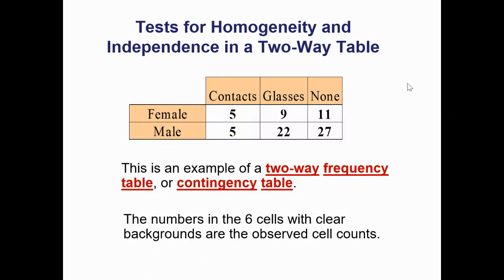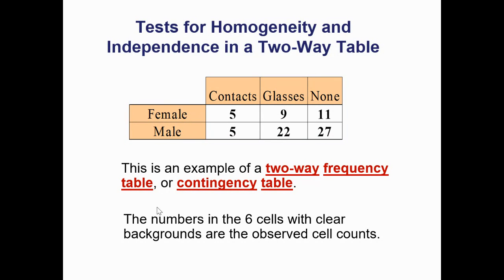So male and female. And then for vision correction, did they wear contacts, glasses, or nothing? They don't need vision correction. So this is an example of a 2-way table, or when we did probability, we called this a contingency table.